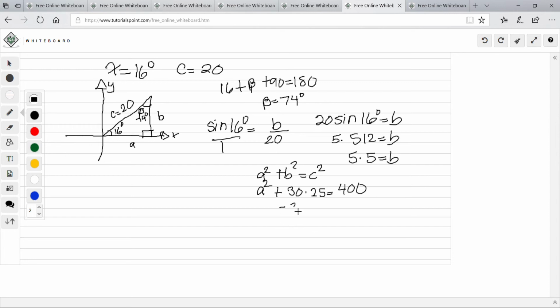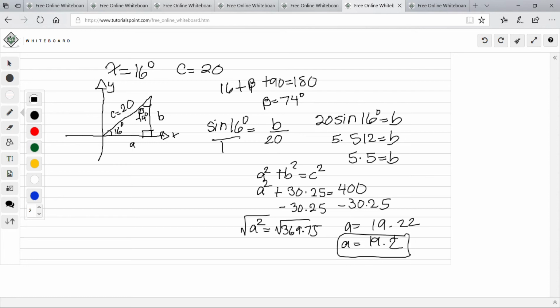Subtract 30.25 from both sides. So you're left with a squared equals 369.75, so a equals the square root of that. When you do the work, it's about 19.22. So I'll just round it to 19.2. So we know our a value, and we know our b value, and we know our beta.